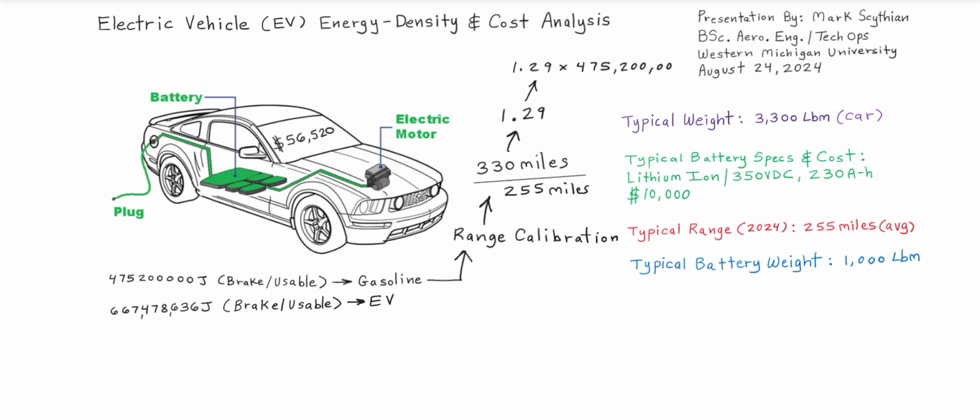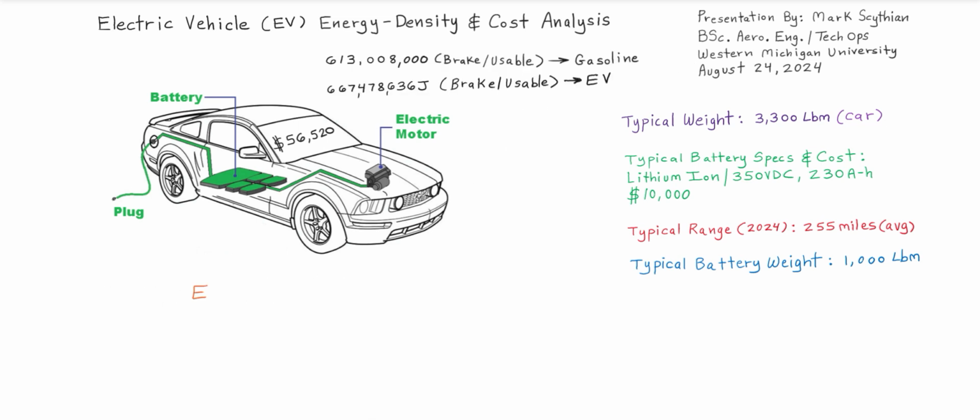That becomes a coefficient, a range calibration of 1.29. And so then we're able to find the 1-to-1 ratio of the usable potential energy curve across the EV's battery and the gasoline car's gasoline.